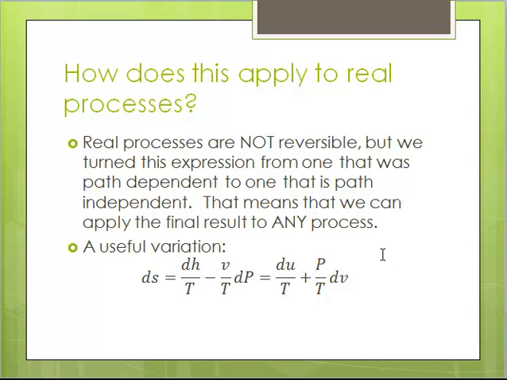Most of the time, I'll take this and use it as dS equals, because then I can use this as a calculation tool for finding delta S. So it's dH over T minus V over T dP, or dU over T plus P over T dV. We're going to be looking some more at this in the next several videos.